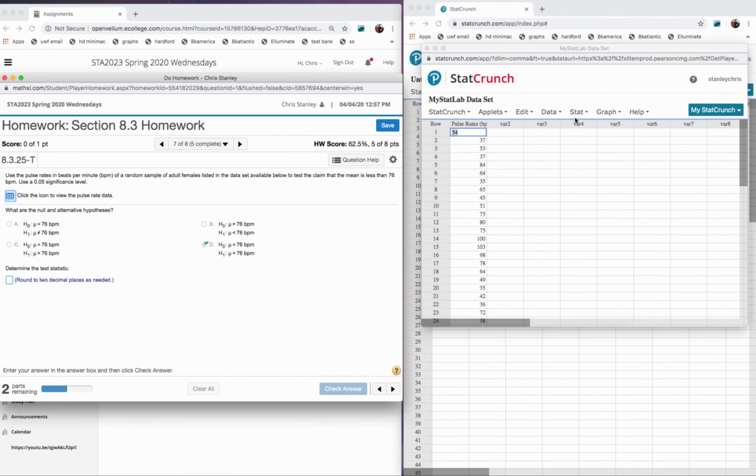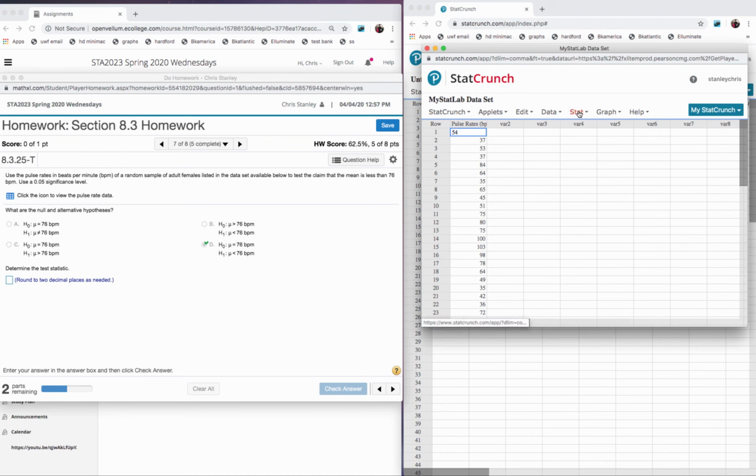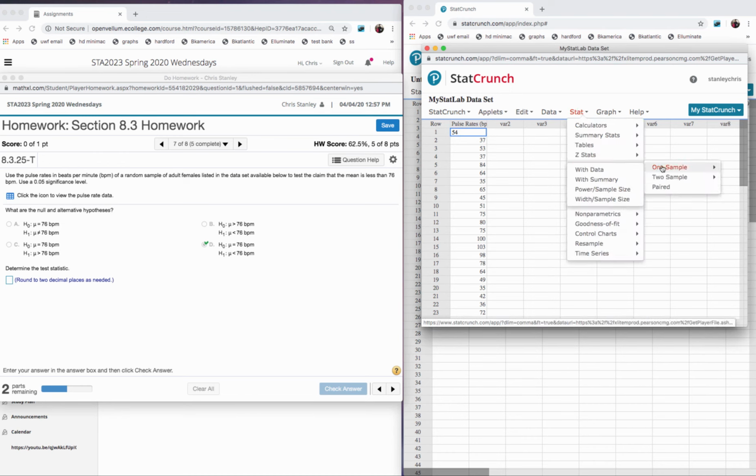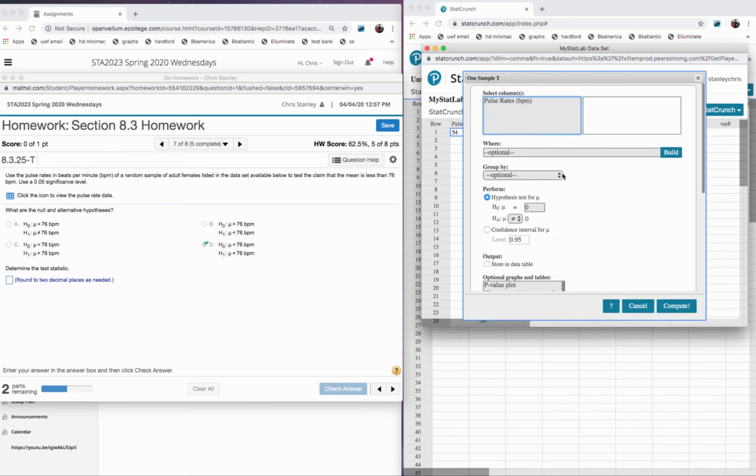This is going to be another T-stat because we don't know the population standard deviation. T-stat and one sample data. Select the column with the data and let's match the null and the alternative for our hypotheses.